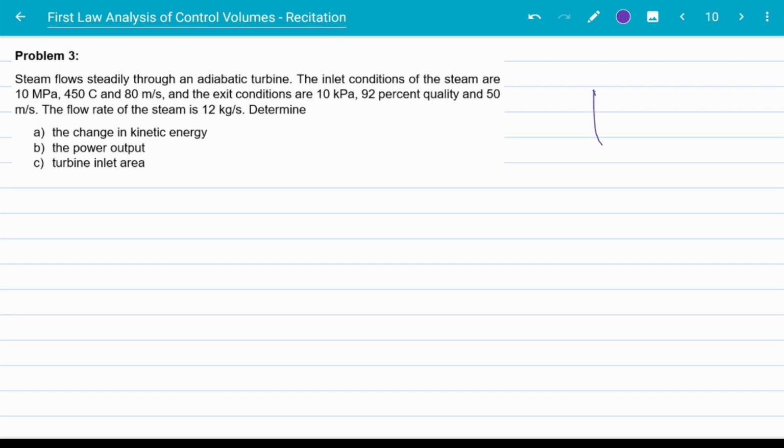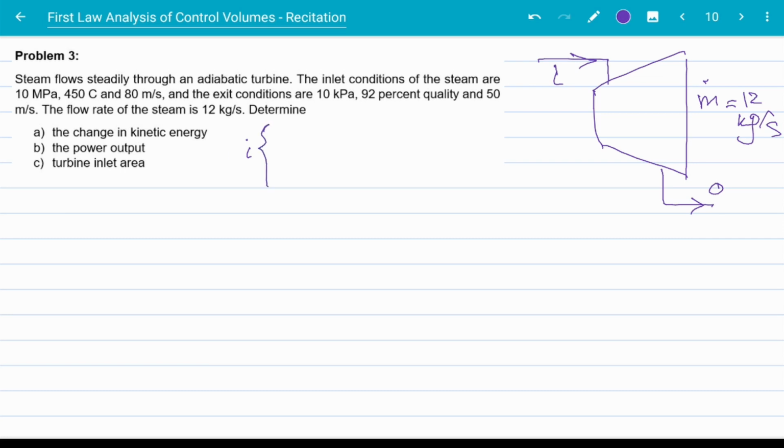Let's draw a schematic of our problem. This is our turbine. We have an entrance here, and then we have an exit here. M dot is 12 kilograms per second. Now, what do we know? We know that at the inlet, pressure of 10 megapascals, temperature of 450 degrees, and a velocity of 80 meters per second.